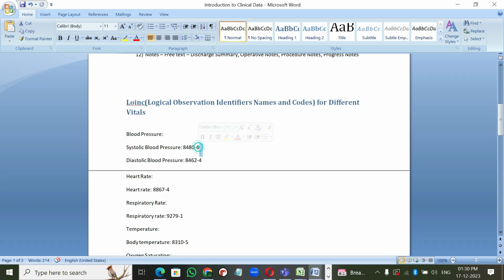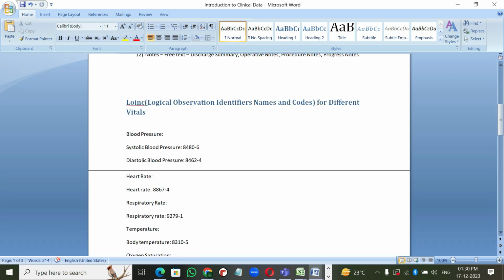So doctor won't just record in free text saying that, oh, systolic blood pressure 120, diastolic blood pressure 80. No, he will say 8480-6, value 120. 8462-4, which means diastolic blood pressure value 80.